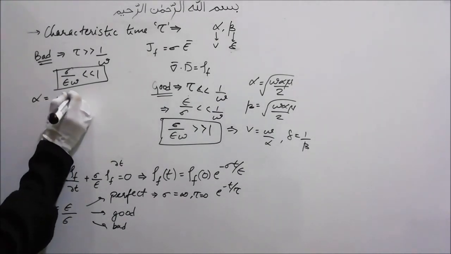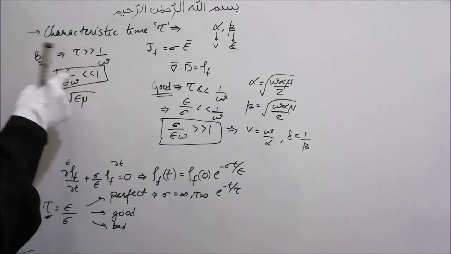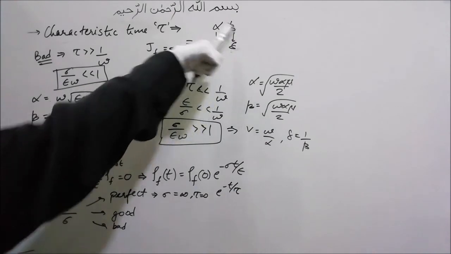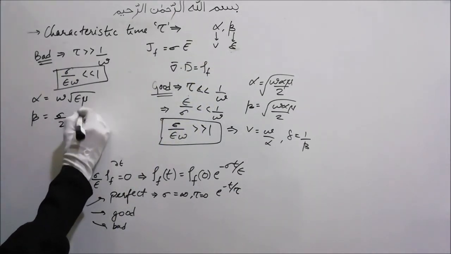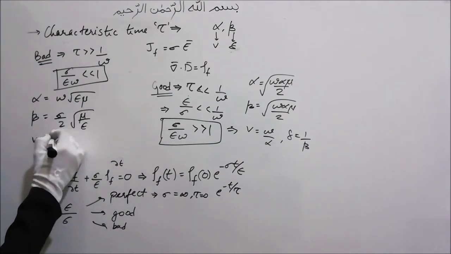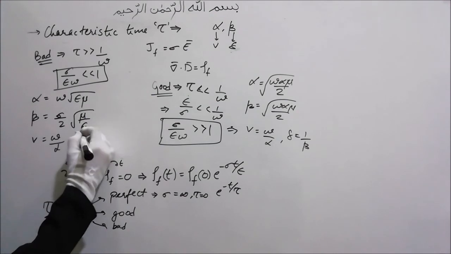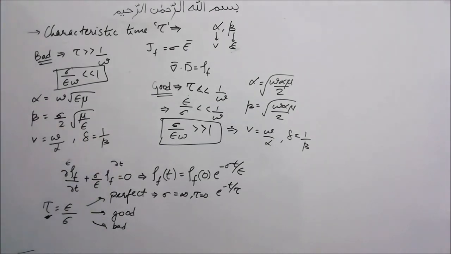Alpha will be omega root of epsilon mu. Beta, you can find on your own. Just put this condition in the equations of alpha and beta and you will get sigma upon 2 root of mu upon epsilon. And again, velocity will be omega upon alpha, and the skin depth will be 1 by beta. That's clear now, right?